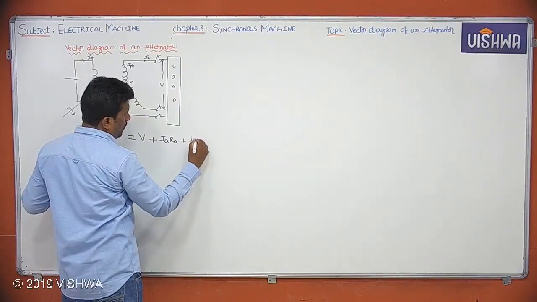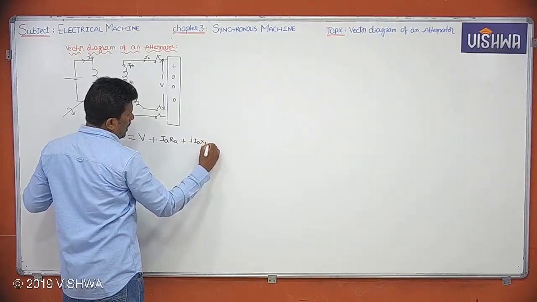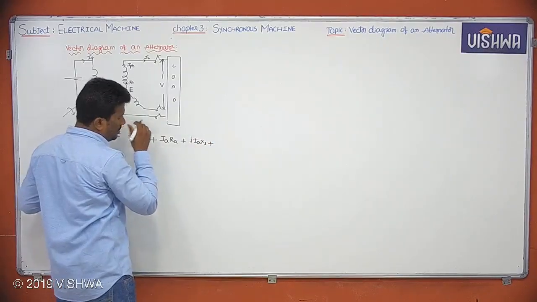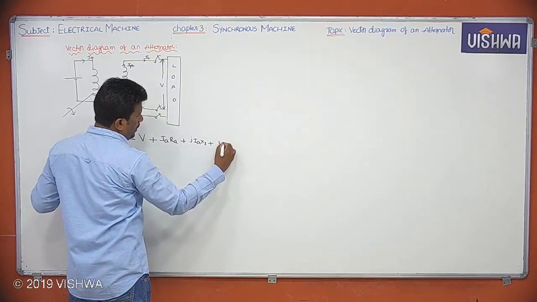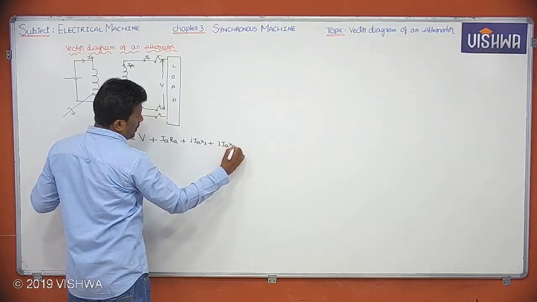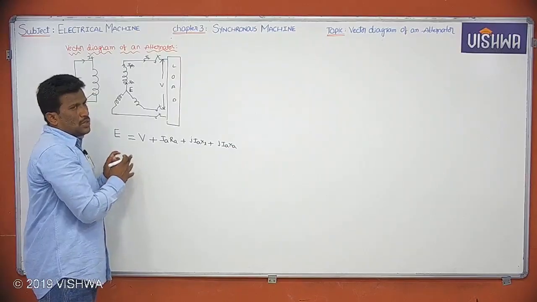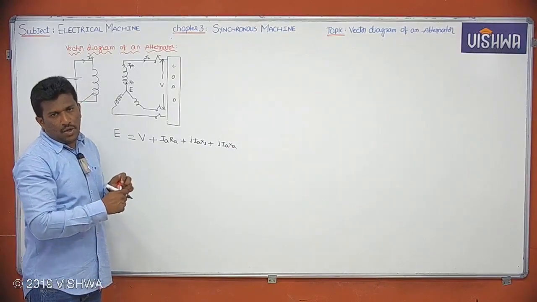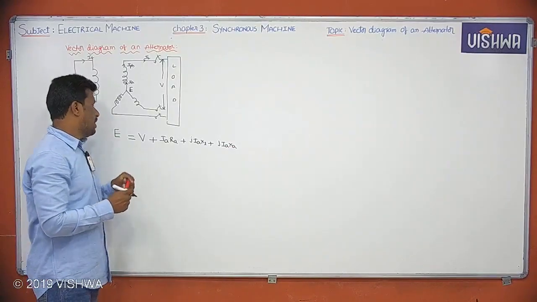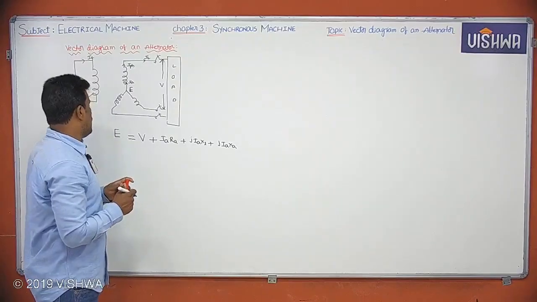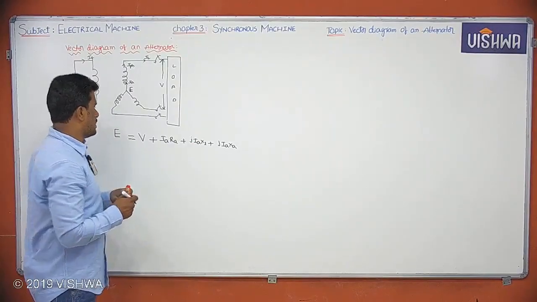Let me show the drop with IA XL. Because of armature reaction there will be some drop. So let me show it with IA XA. I already told this when we discussed causes for drop in terminal voltage. E equals V plus IA RA plus j IA XL plus j IA XA.